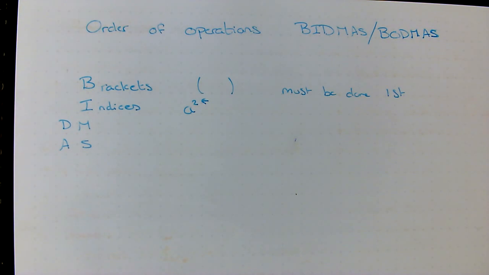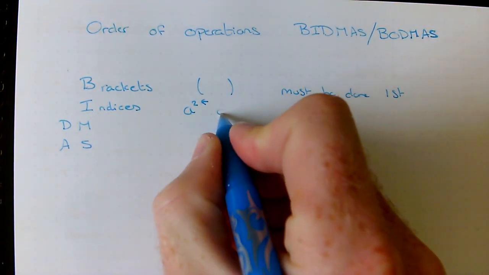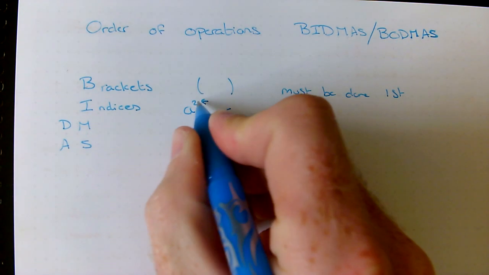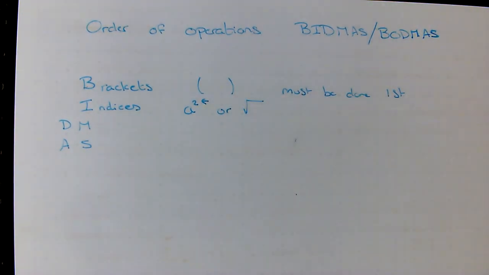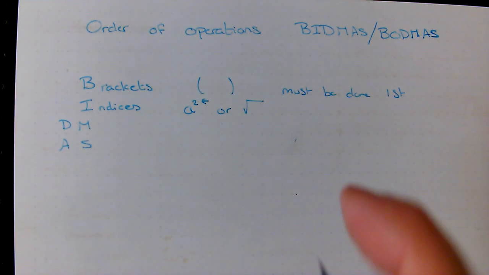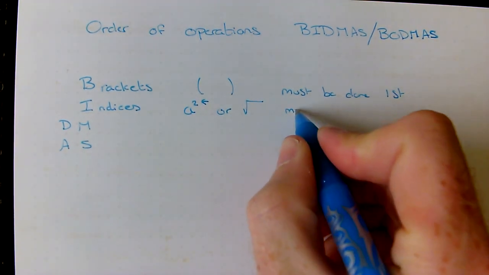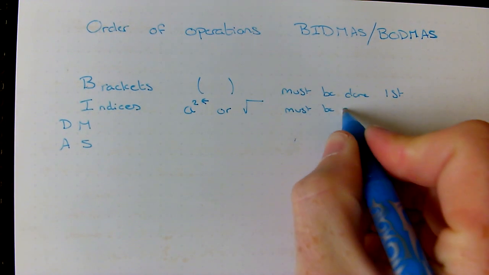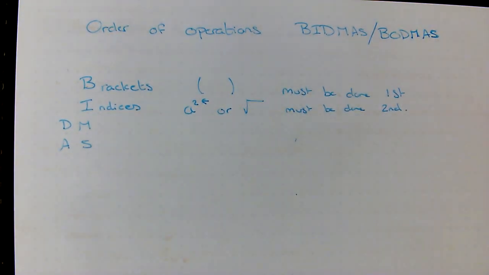So if we see any indices, okay, they've got to be done next. But not only does the indices refer to the powers, it could also refer to any square roots as well. Okay, and these must be done second.